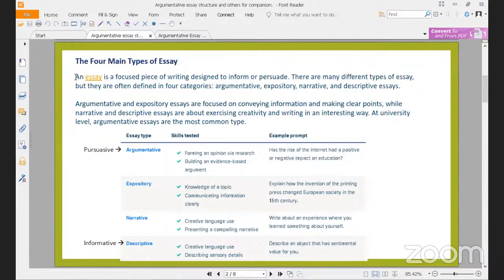There are many different types of essay, but they are often defined in four categories: argumentative, expository, narrative, and descriptive essays. Okay, so yes, and we discussed this at the beginning when we started talking about essays. Thank you, writer. Mauricio, can you help us with the next paragraph?